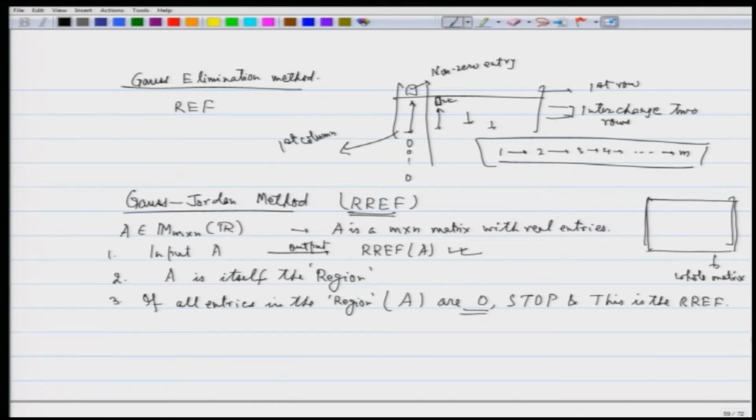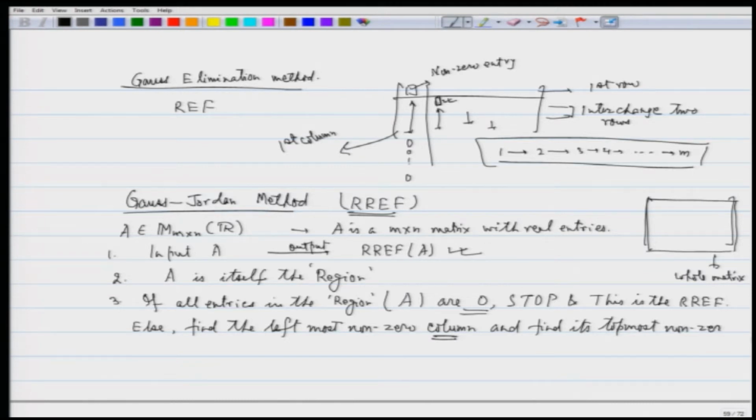Else, find the leftmost non-zero column. You are looking at the first column, second column and so on, and find its topmost non-zero entry.